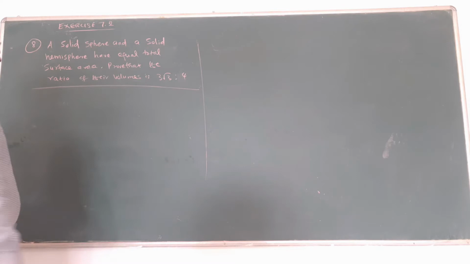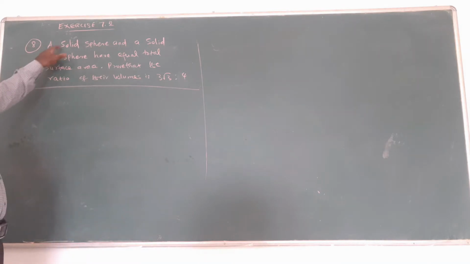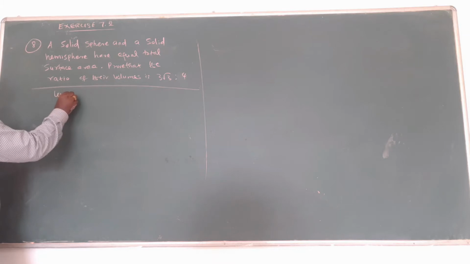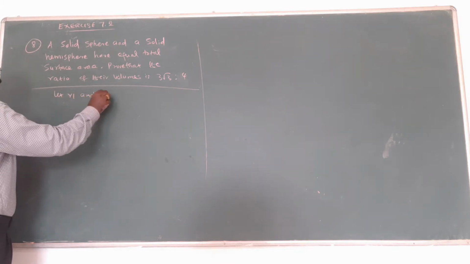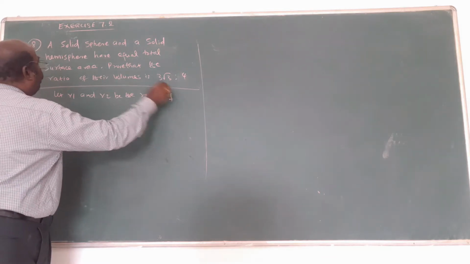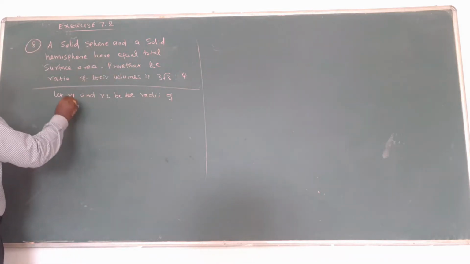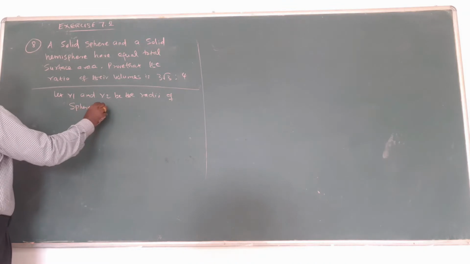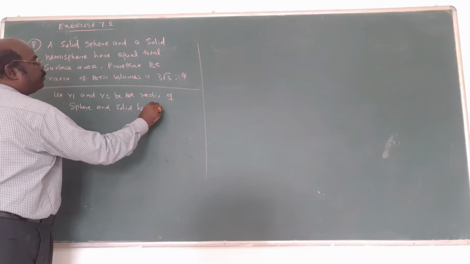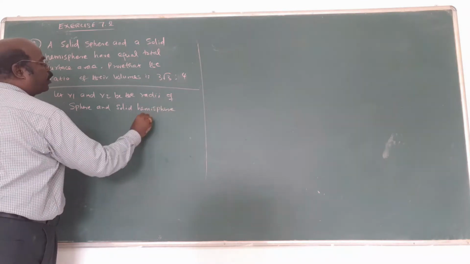Now 8th question. A solid sphere and a solid hemisphere have equal total surface area. That's why I want to assume R1 and R2 be the radii of the sphere and solid hemisphere respectively.